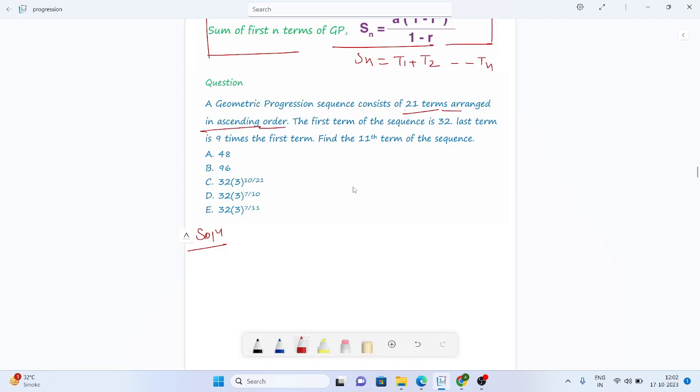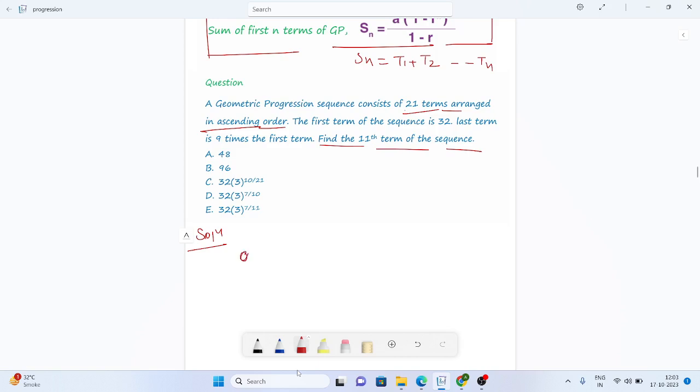Ascending order means, like this, 2, 3, 4, in increasing order, the smaller number comes previous to the bigger number. The first term of the sequence is 32. The last term is 9 times the first term. Then find the 11th term of the sequence. So we have to find the 11th term of the sequence.